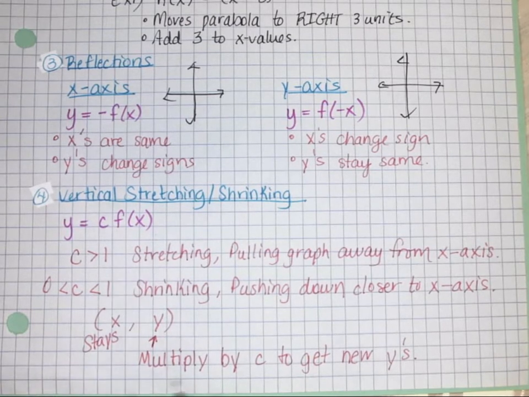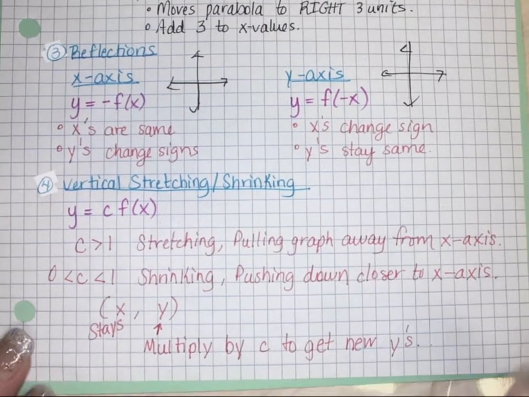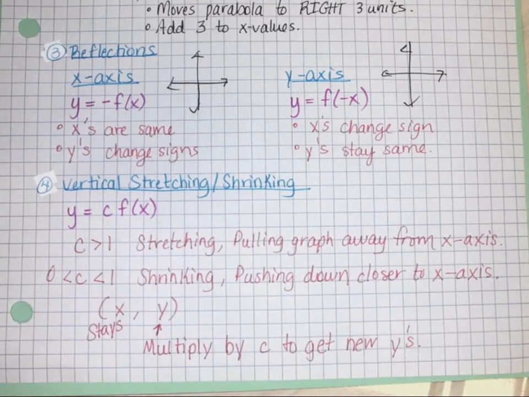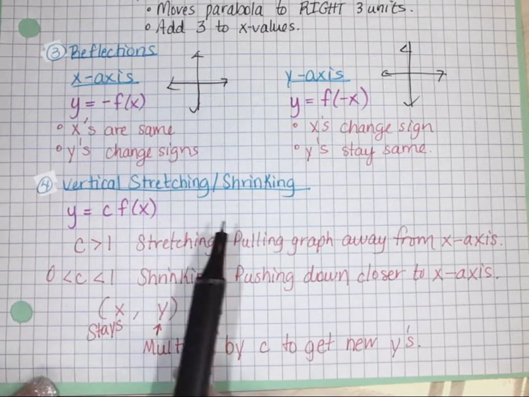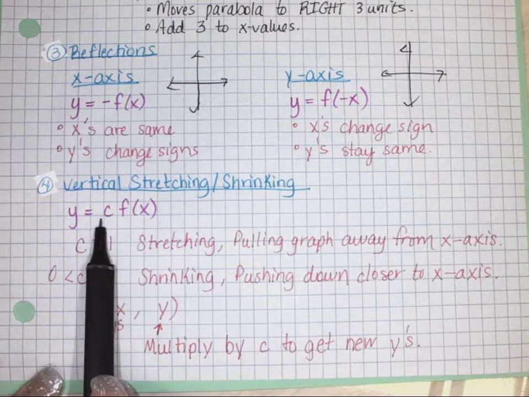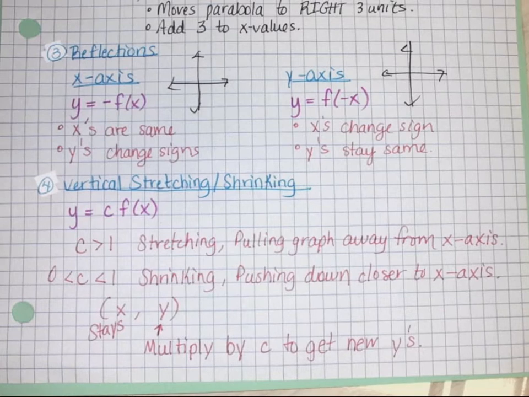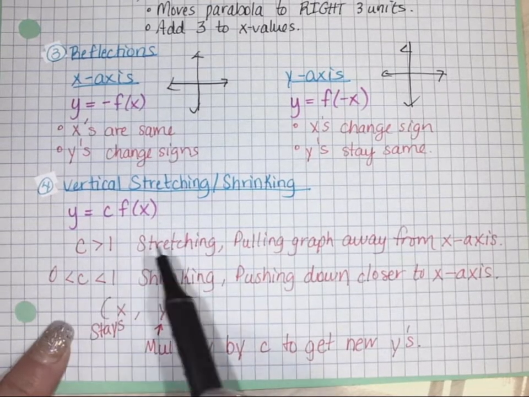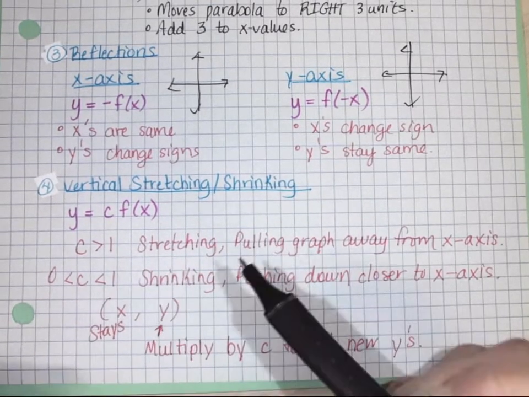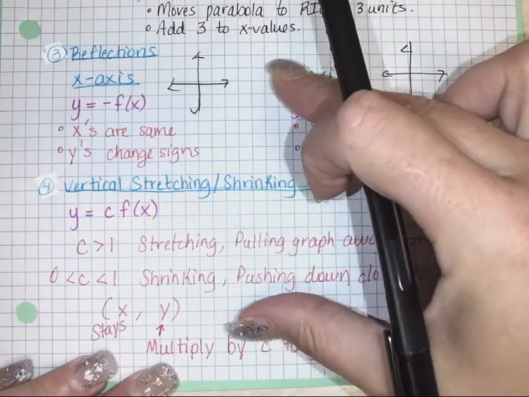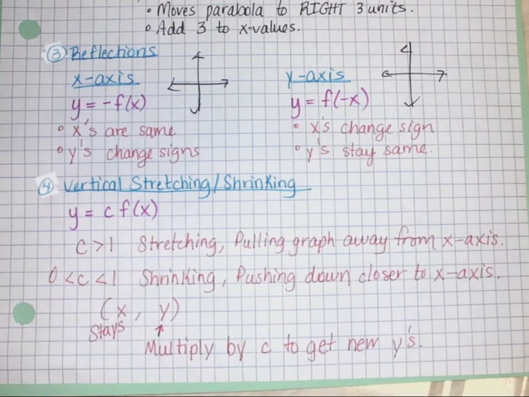In number 4, the next type is a vertical stretch and a vertical shrink. You notice that you'll have some number out front multiplied to your function. If c is greater than 1, it's going to stretch this graph out vertically and pull it away from the x-axis.